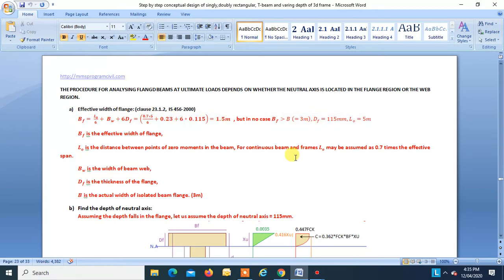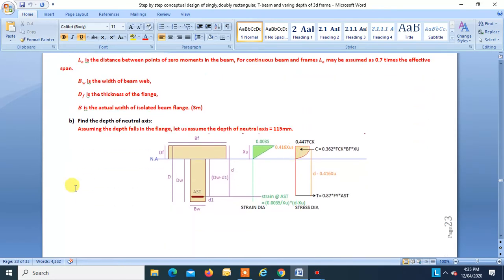I've written it over here. Now the next step is to find the actual depth of the neutral axis. So we first have to find which case is applicable to our section. So we will have to assume the depth of the neutral axis first. So let us assume that the neutral axis is in the flange, and we are assuming that our case is case 1, and then we will try to prove whether our assumption is correct or false.